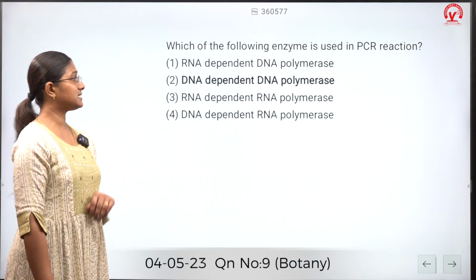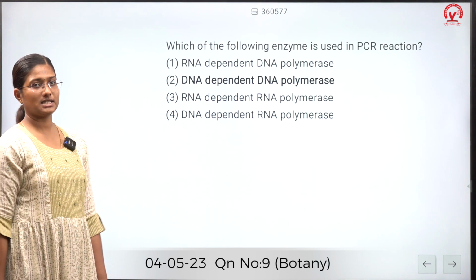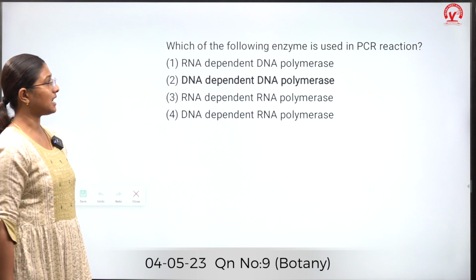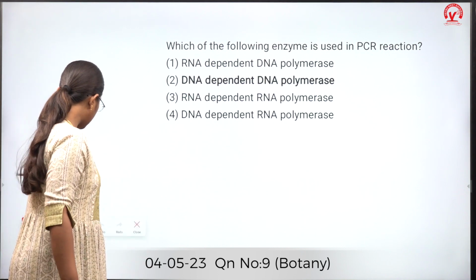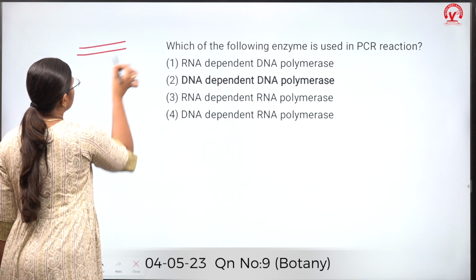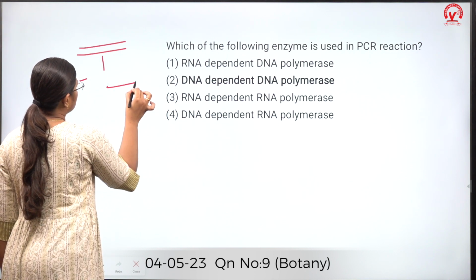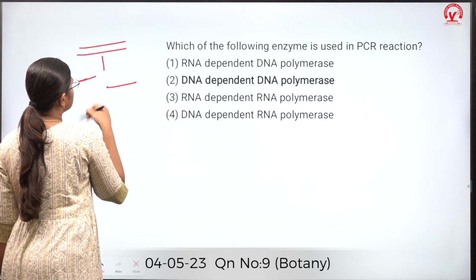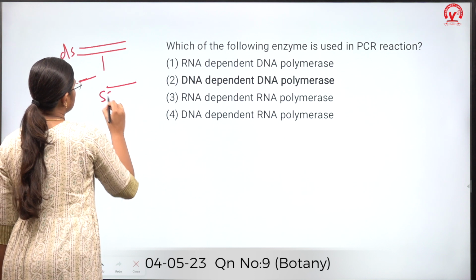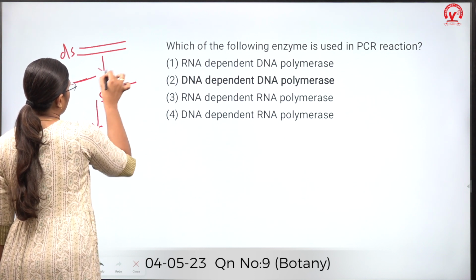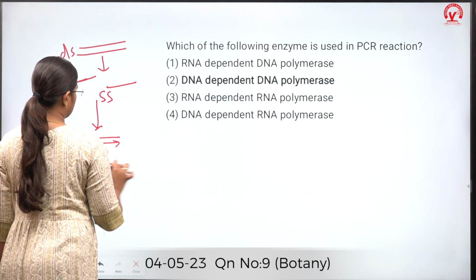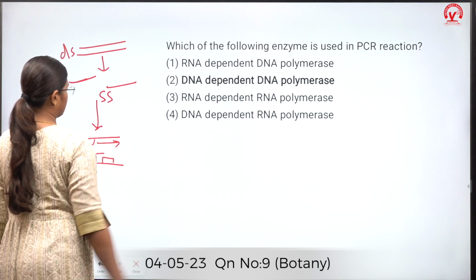Which of the following enzymes is used in PCR reaction? Polymerase chain reaction. So in PCR, the DNA gets amplified, isn't it? Initially, we will have a double-stranded DNA which gets denatured into two single strands, then the primer anneals and extension takes place, isn't it?